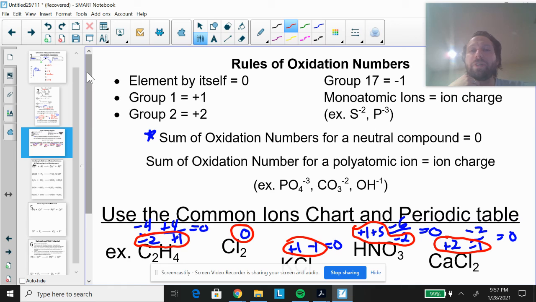That's really important because in the case of, for example, C2H4, we didn't know what the charge was for carbon, and there's no rule for it, and it's not on the common ions chart. So in order to figure that out, we had to know what hydrogen was, multiply that by 4 hydrogens, set that equal to 0, and realize that the carbons had to add up to -4, and that helped us to figure out that each carbon had to be -2 because there were 2 of them, totaling up to a -4 charge for carbons.